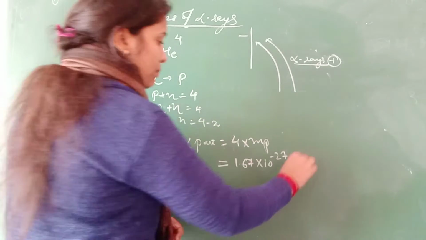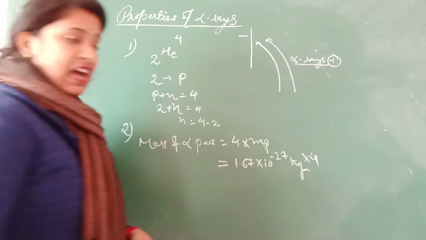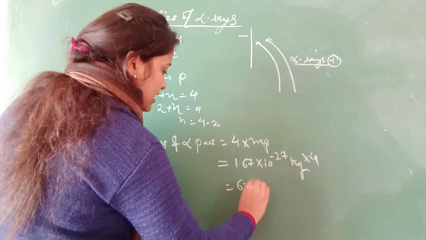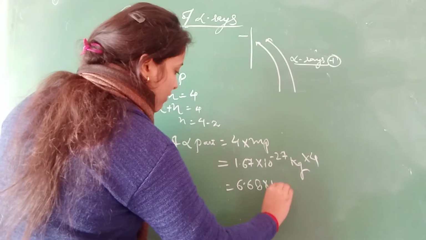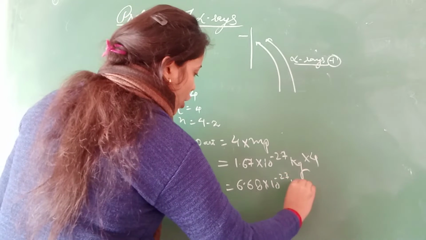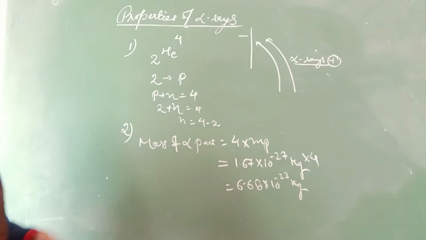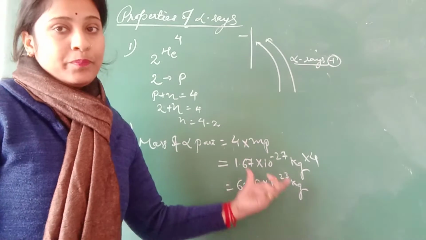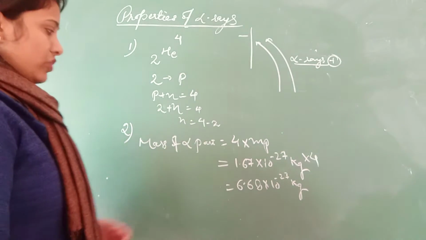Now we multiply it by 4, and we have 6.68 into 10 to the power minus 27 kg, which is the mass of alpha rays, 4 times the mass of a proton. Now what about the charge?